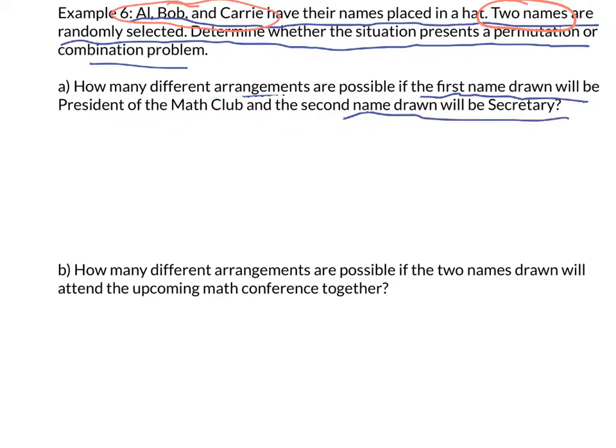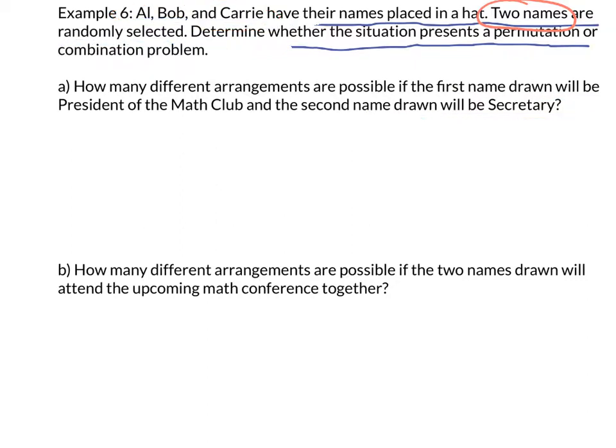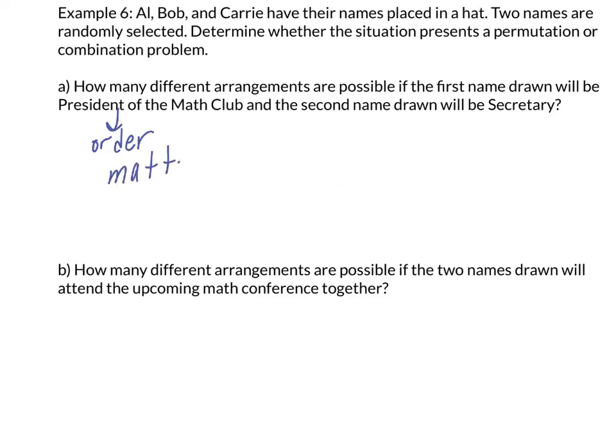So to figure out if it's an NPR or NCR question, we need to identify if order matters. Whenever it's a competition, like they're competing for different titles, like president versus secretary in this example, or it's a race, or whenever there's a totally different arrangement when you pick the same exact names, those are all examples of when order matters.